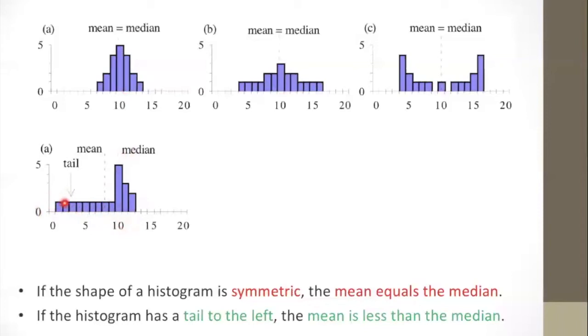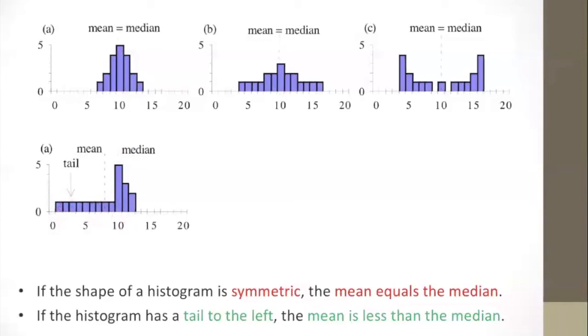Because this is on the left side of the histogram, we would say this histogram has a tail to the left. And when that happens, remember the mean gets affected by outliers, whereas the median does not. So these outliers on the small end are going to pull the mean down below the median.